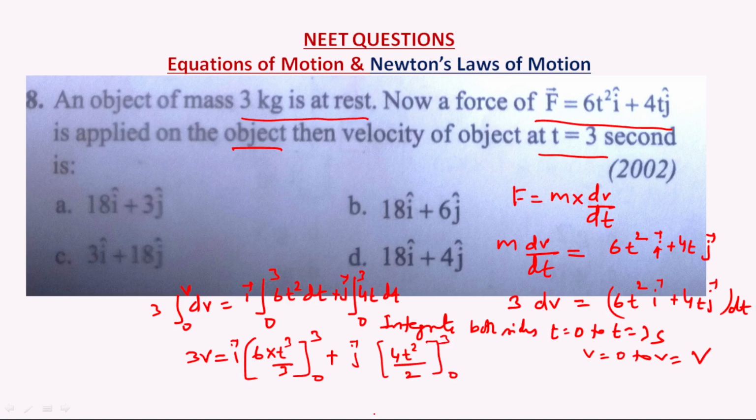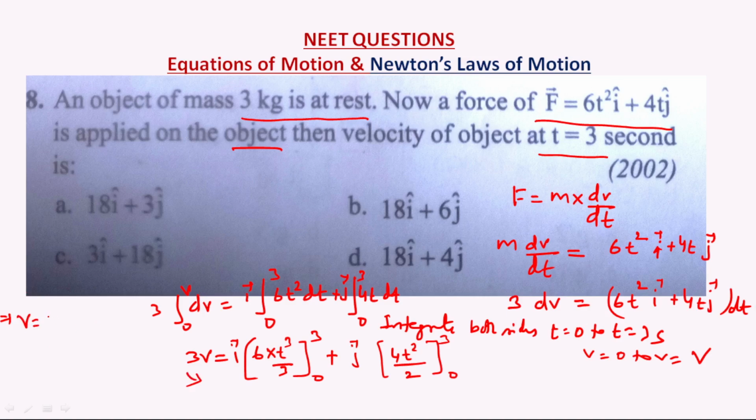So with the 0, it will be 0 only. We have to substitute the value of 3. So 3v is equal to 6 into 3 cube, and this 3 also we can bring here. So instead of writing 3v, let us write v is equal to, and 3 can be taken for division.